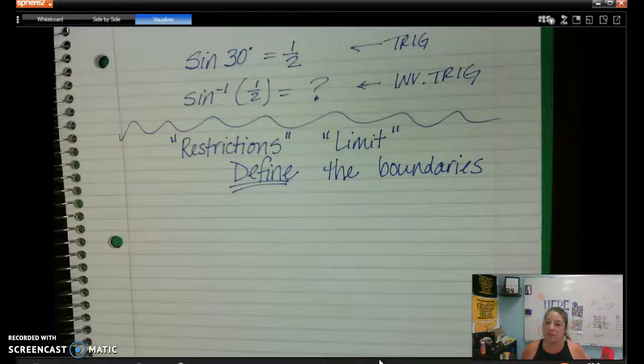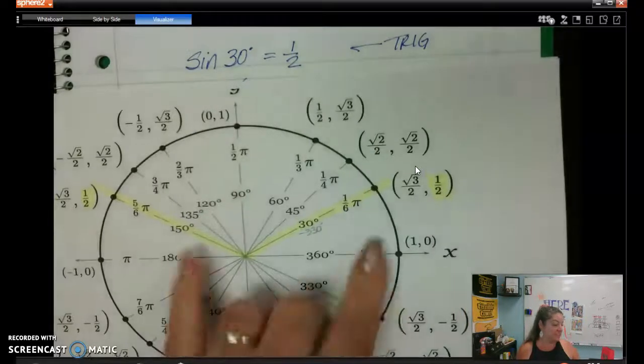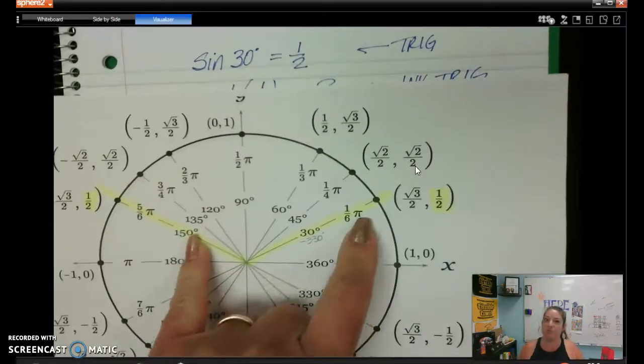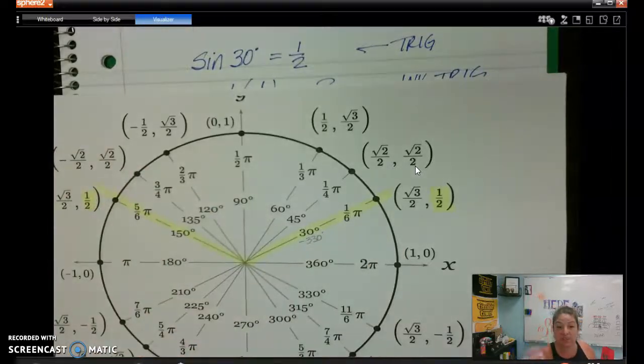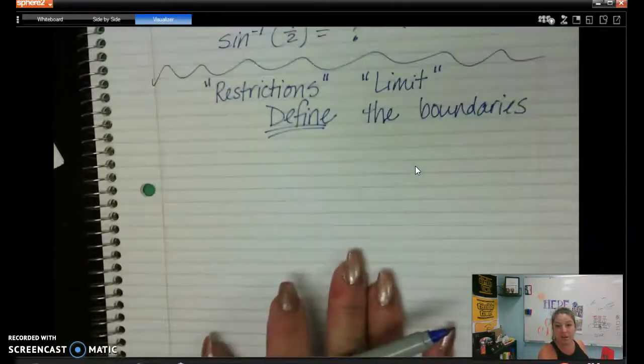So we're actually going to use those restrictions, those limitations, and we're going to do what is called define the boundaries. This is not defined as in a definition, it's just defining the boundaries. And so again, we're placing restrictions on which one of these angles we're actually going to talk about, okay?